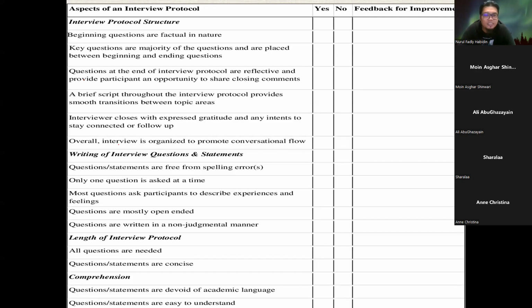You can check the interview protocol based on four aspects: interview protocol structure, writing of interview questions and statements, length of the interview protocol, and the last one, comprehension.